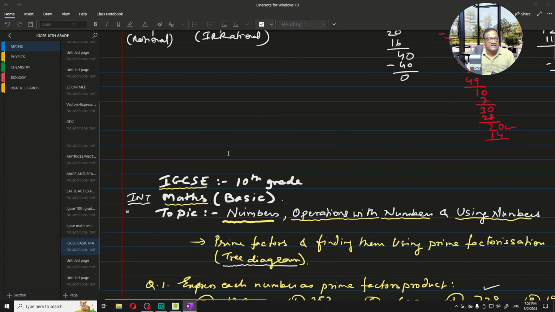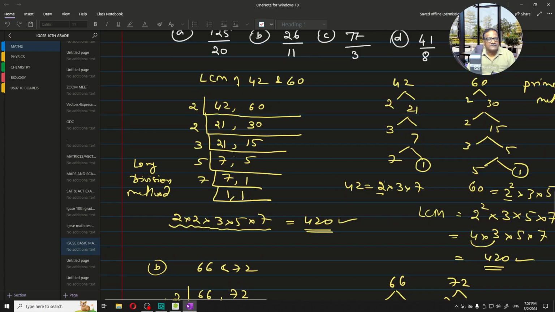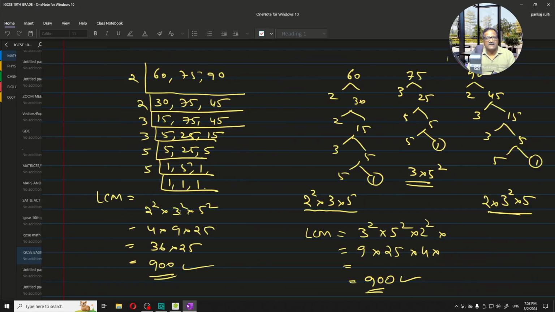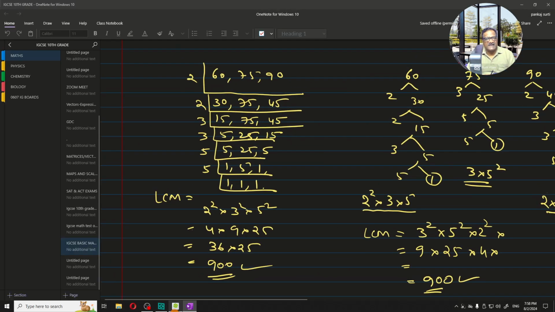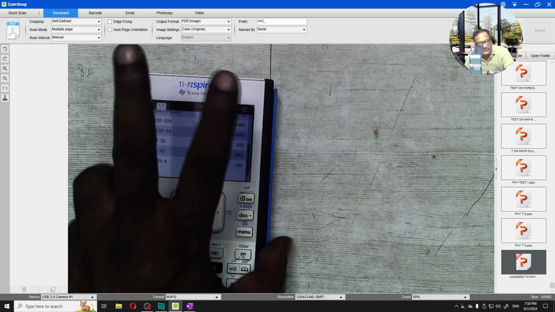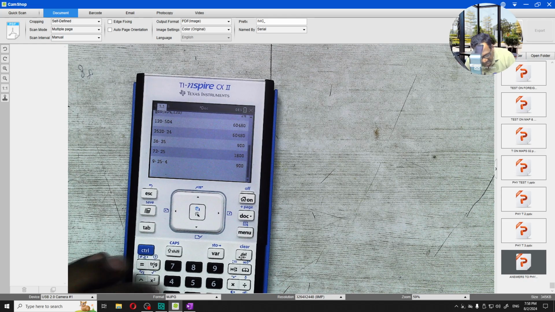So we were doing which question? It was this one, right? 60, 75, 90, isn't it? So 60, 75, 90, if you want to do on GDC, first you find the LCM of 60 and 75, and whatever answer you get, that you take along with 90 and find the LCM.